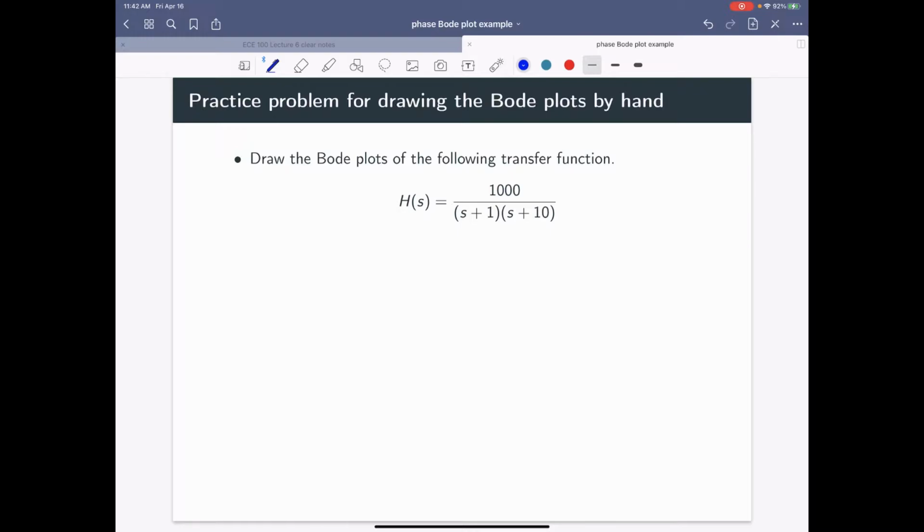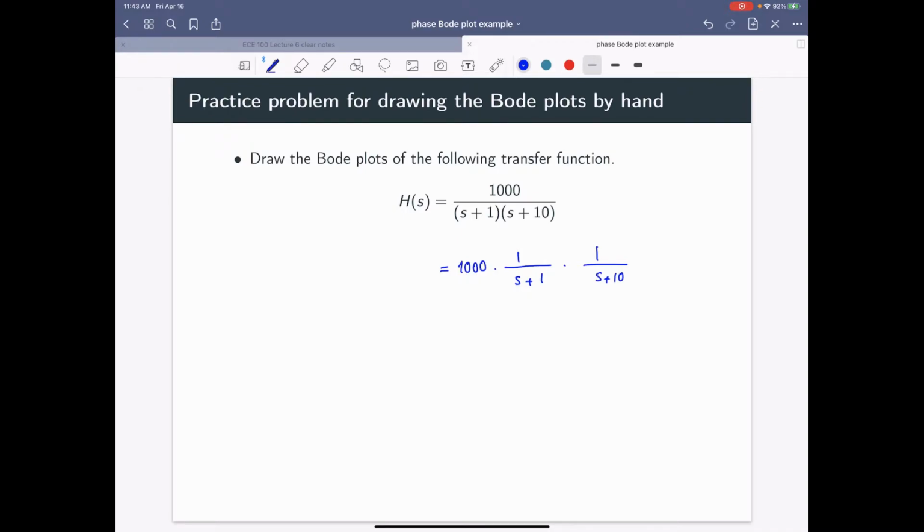Next, I'm going to write H(s) as the multiplication of three different functions. H(s) is equal to 1000 multiplied by 1 over s plus 1 multiplied by 1 over s plus 10. I want to write each one of these terms in the format of the transfer function categories that we saw for the Bode plots.